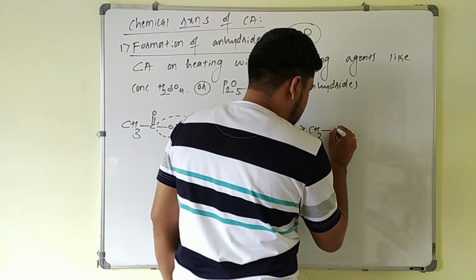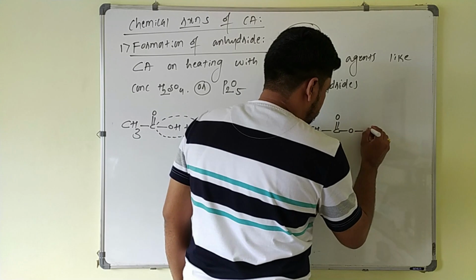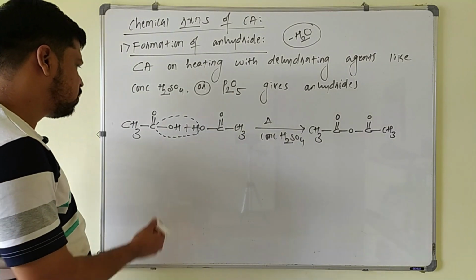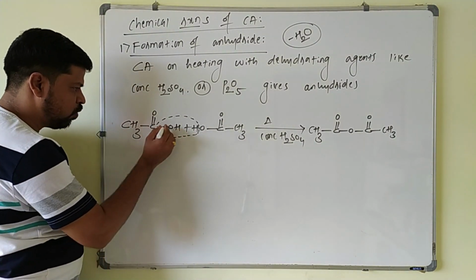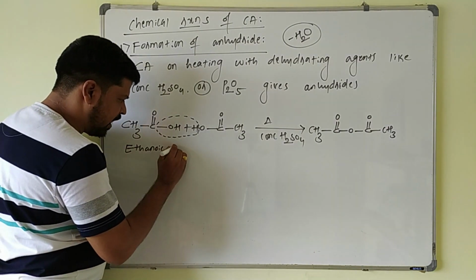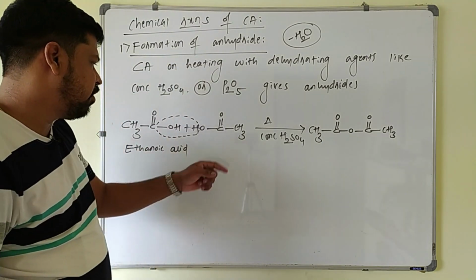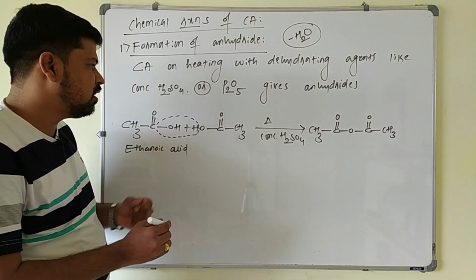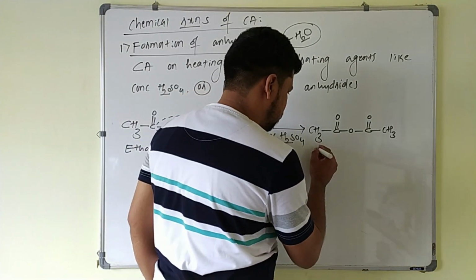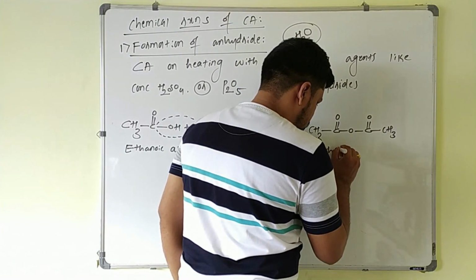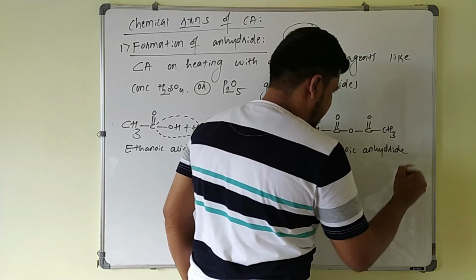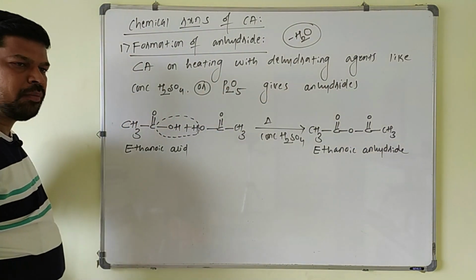This is CH3 C double bond O C double bond O CH3. So what have I taken here? Ethanoic acid, 2 carbon acid, 2 moles of ethanoic acid. On dehydration they will form what? Anhydride. This is called ethanoic anhydride here. Similarly, you can form a mixed anhydride also.